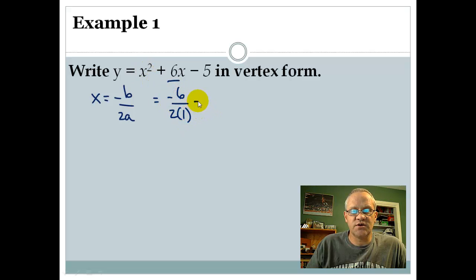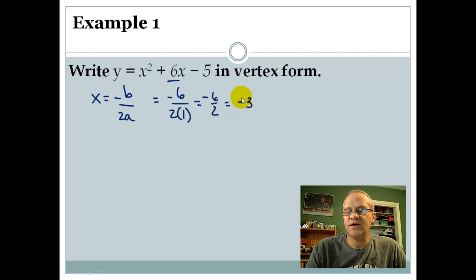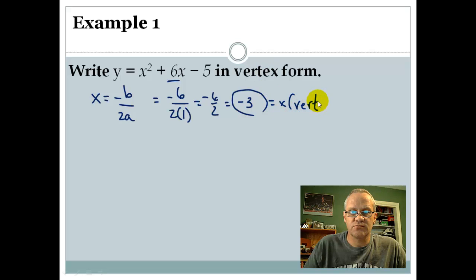So this is going to give me negative 6 over 2, which is really just negative 3. Now, what is that again? That formula tells me the axis of symmetry, but also what's the x-coordinate for the vertex. So this number that we just found right here, that's our x on the vertex, which is one of the things we need to know to write vertex form.